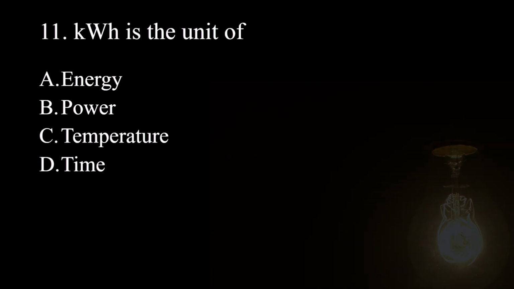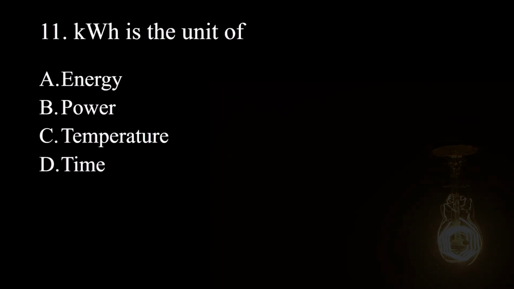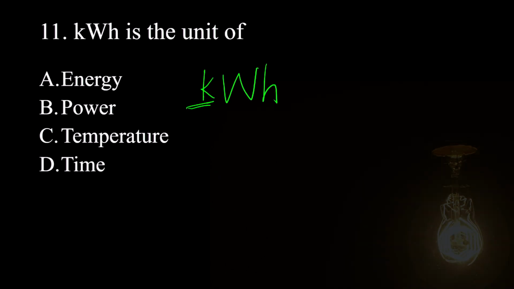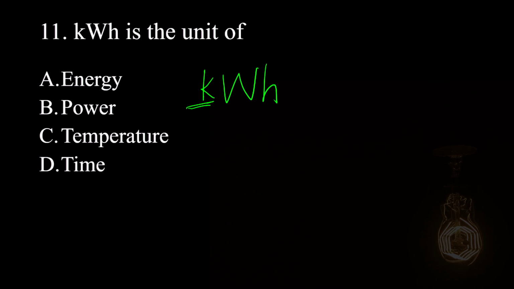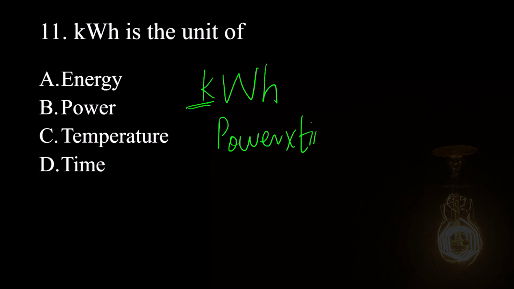Kilowatt hour is the unit of energy, power, temperature and time. Let's see, students, that kilo is a number, 1000, so we can omit it. Watt is the unit of power and hour is the unit of time. So what is the product of power and time?